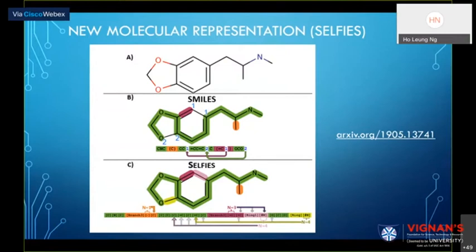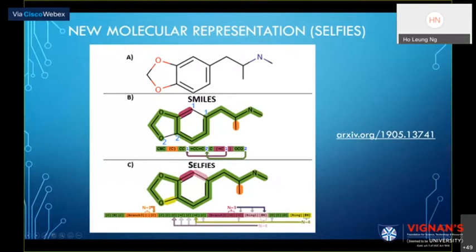So now we're moving to the current state of the art. One of the things that our collaborators have found is that, in addition to the actual machine learning itself, the data representation is extremely important. So here's a molecule, and the traditional way that chemoinformatics scientists have represented these molecules is by using something called a SMILES string.